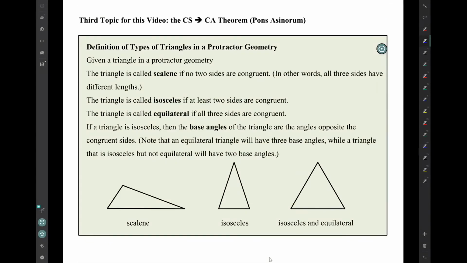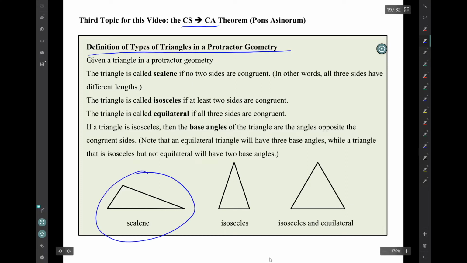The third topic for this video is the CS arrow CA theorem. Now, in preparation for discussing that theorem, I'll need to discuss different types of triangles in a protractor geometry. Given a triangle in a protractor geometry, the triangle is called scalene if no two sides are congruent. In other words, all three sides have different lengths.